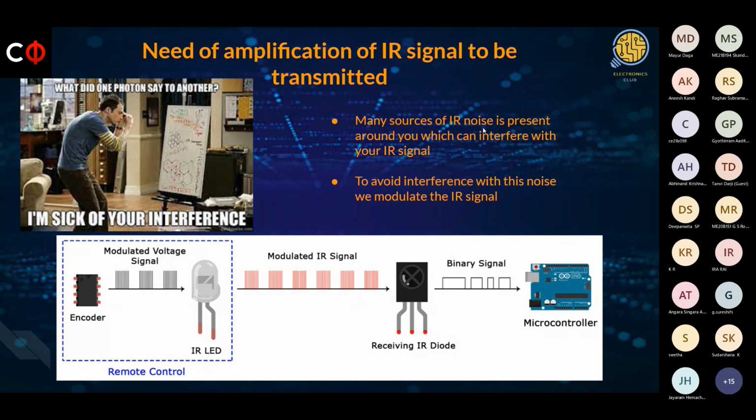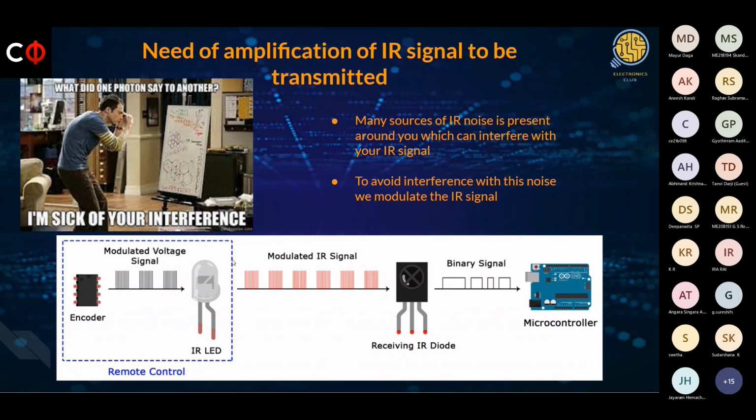So to prevent this IR noise, there is an encoder fitted in the transmitter, which converts the binary signal that we generate on pressing the button on the remote to a modulated voltage electrical signal.